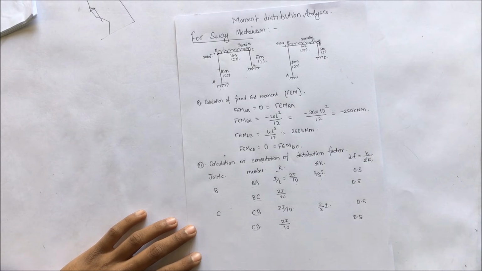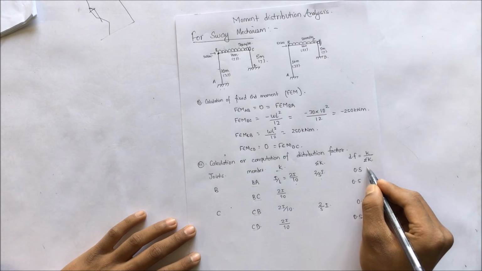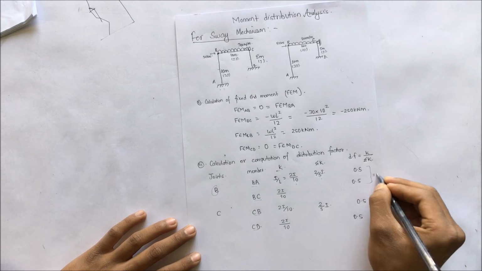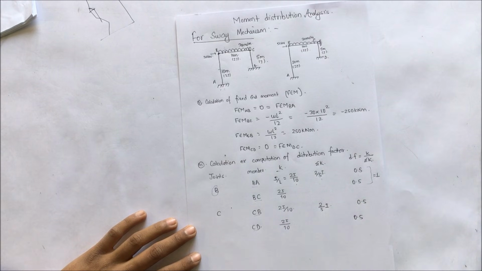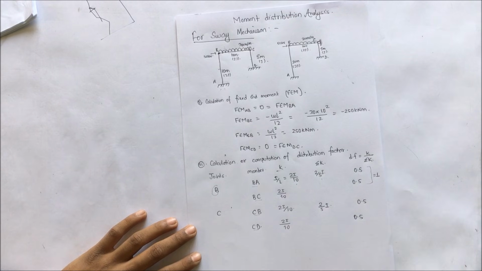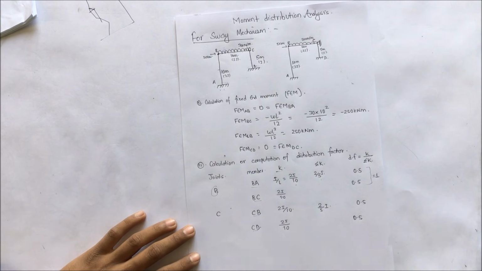And to check whether the distribution factor is correct or not, the sum of distribution factors for a joint should be equal to 1, and in this case it is equal to 1, so this distribution is correct. Second step is completed.